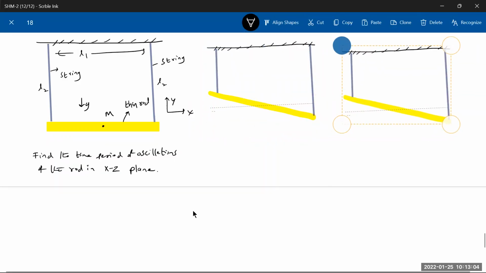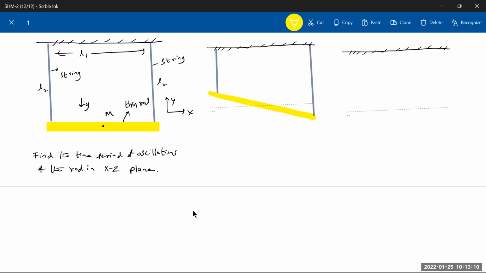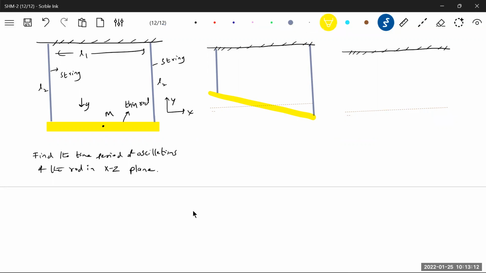If it is like this, a small angular displacement will be given.